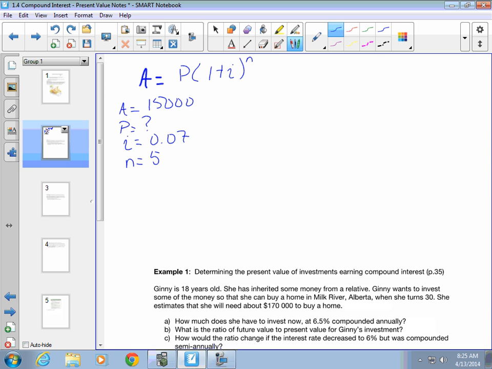Using our formula, we have 15,000 is equal to P, which we don't know, times 1 plus 0.07 to the power of 5. So we divide both sides by 1.07 to the power of 5.